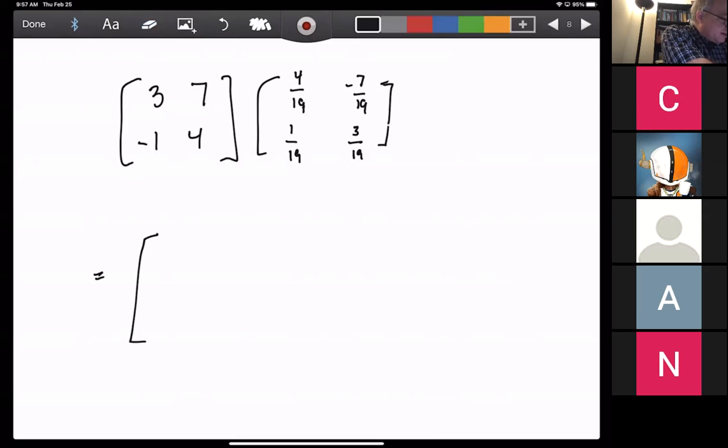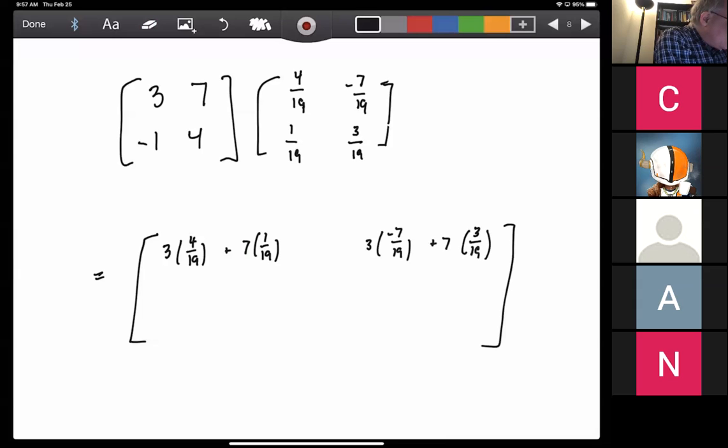We multiply through, we get 3 times 4/19 plus 7 times 1/19 in the 1, 1 entry. The 1, 2 entry: 3 times minus 7/19 plus 7 times 3/19.